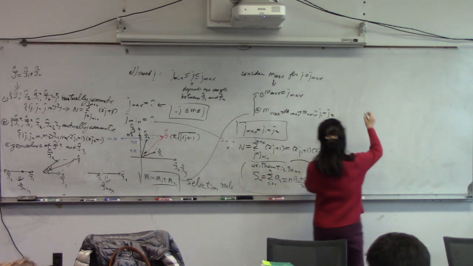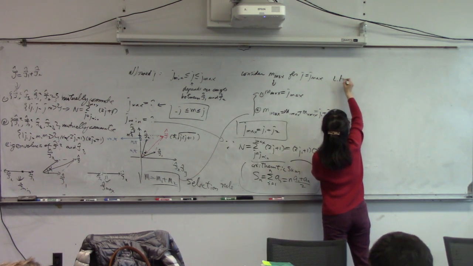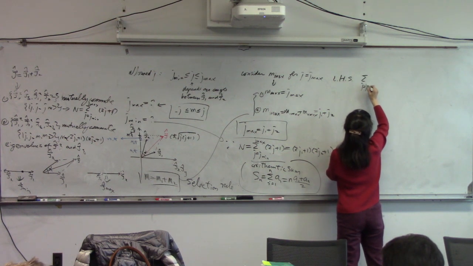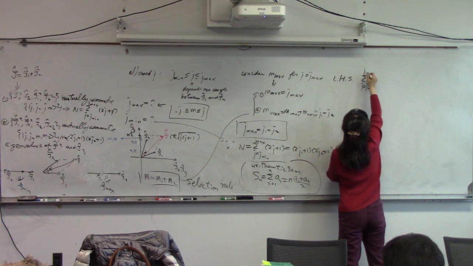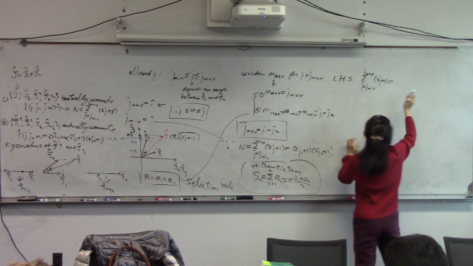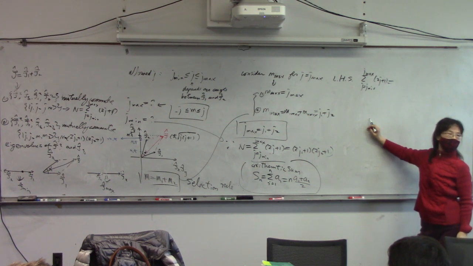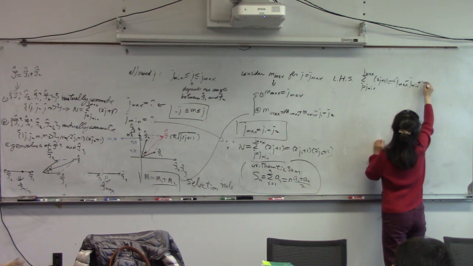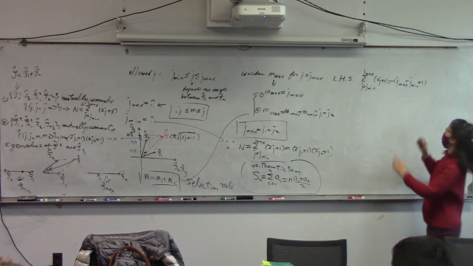Then here, the left-hand side is the summation from J minimum to J maximum of 2J plus 1, which equals the number of terms, J max minus J min plus 1, right? Okay.